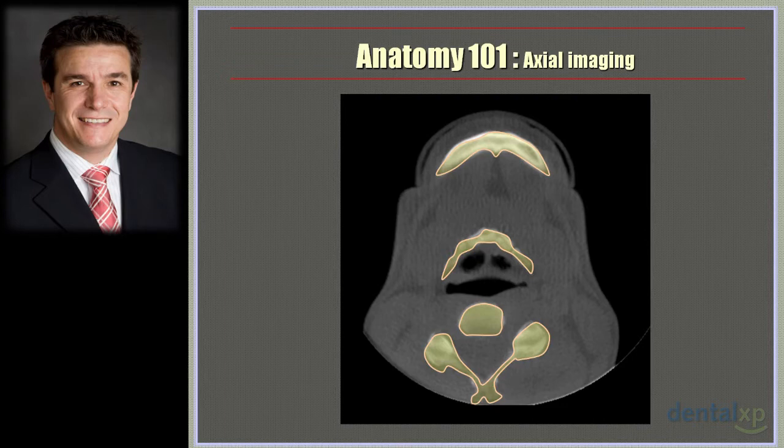They look very similar. Now, the upper surface is going to be the ventral surface of the patient's neck in this case, and the inferior portion of our sectional image is going to be the dorsal area of the patient's neck.